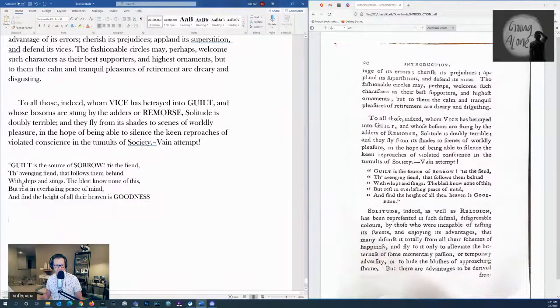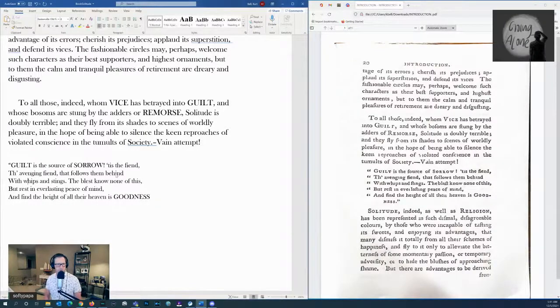'Tis the fiend, the avenging fiend that follows them behind with whips and stings. The blessed know none of this, but rest in everlasting peace of mind and find the height of all their heaven is goodness.